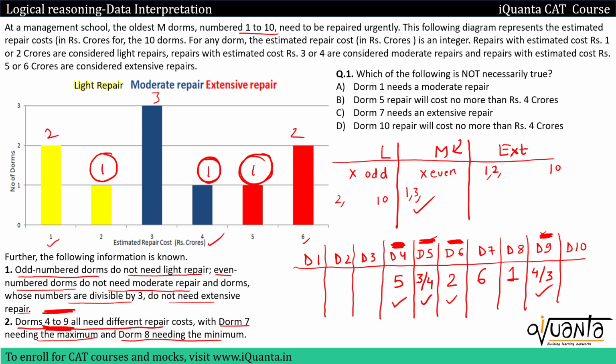We know that moderate repair means 3 or 4 crores. 4 crores was only 1. So the rest of the dorms, 1 and 3, will have repairing cost of 3 crore because there were 3 dorms having repairing cost of 3. So they'll be 1 and 3. So 1 will have repairing cost of 3 and 3 will also have repairing cost of 3.